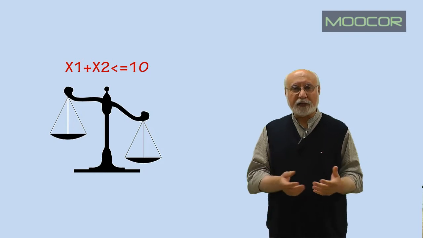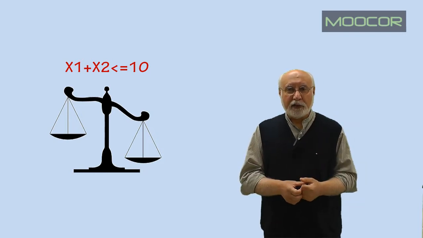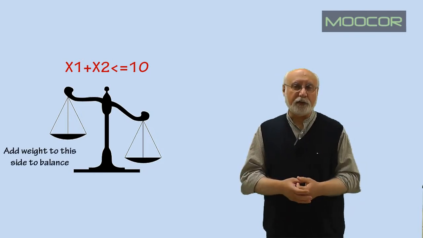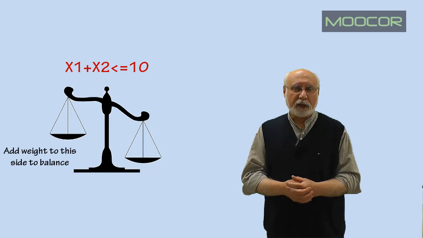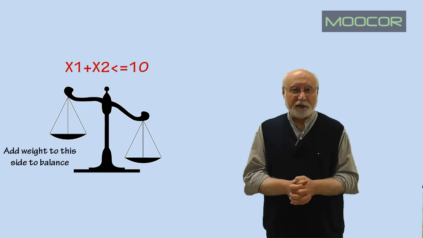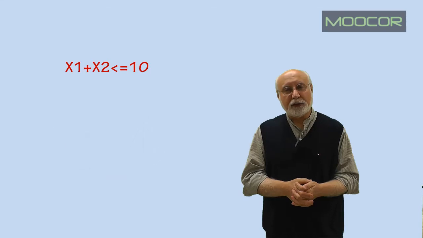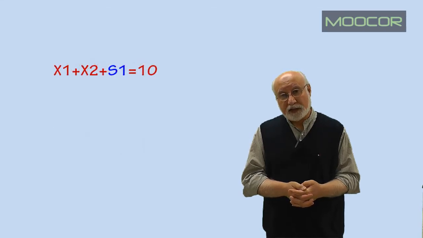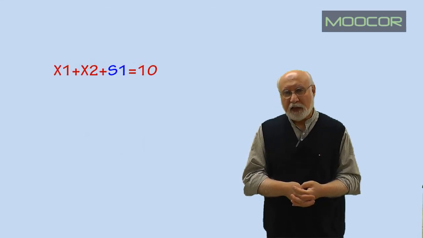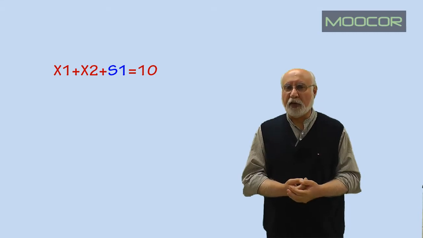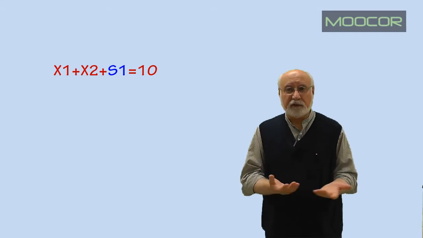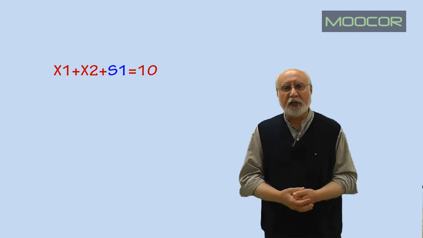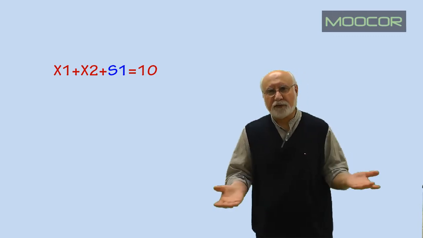Because x1 and x2 will change, this variable also will change. I will keep it as a variable, and I will use the notation s for this variable: for constraint 1 I will call it s1, for constraint 2 I will call it s2, and for constraint 3 and so on.